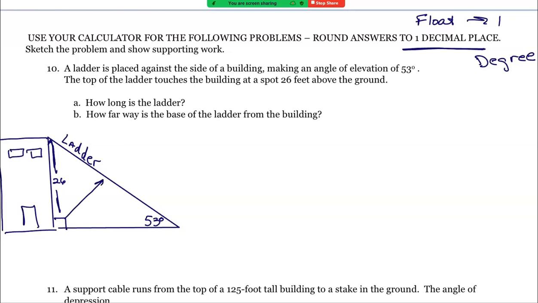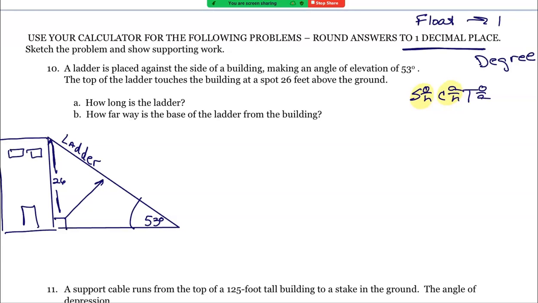Okay, so from what they've given me so far, I'm going to do my little SOHCAHTOA again. So we'll do it over here, get it out of the way. And I know I have a ladder. Oh, excuse me.